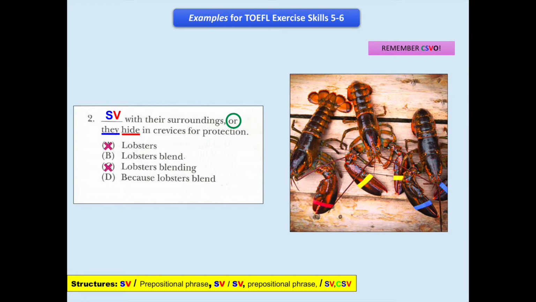So these two are not our answer. Dog has a connector, because, but our sentence already has one connector. We do not need another one, so dog is not the answer. Therefore, we know our answer is B, lobsters blend. We have a subject and a verb.